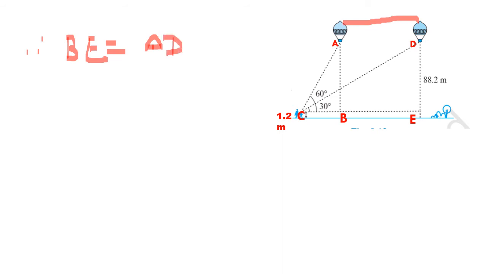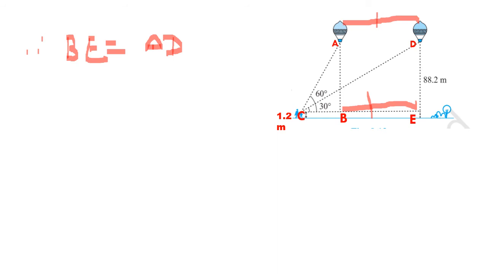Which both lines? The line AD and the line BE. These two lines are parallel. That is why the distance traveled from A to D will be equal to the distance traveled from B to E. And we need to find this distance BE.